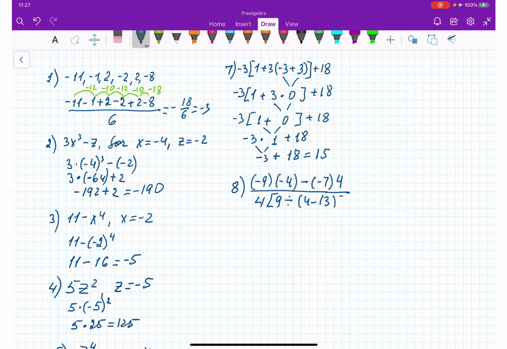Okay. Using order of operations, let's solve the problem. We have negative 9 times negative 4. It's going to be positive 36.